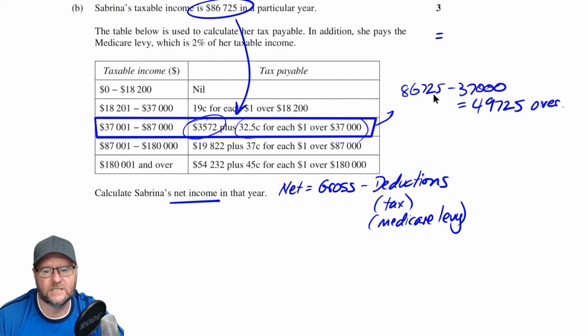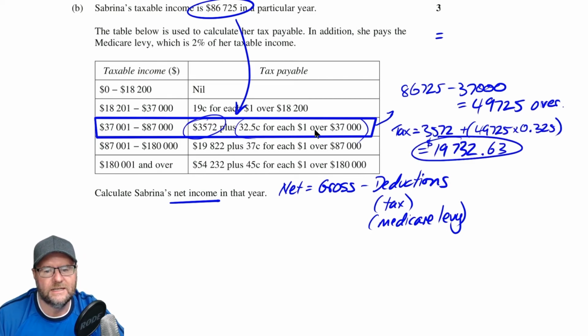So I took her taxable income, took away this number here, and 49,725 is the amount that she pays 32.5 cents on every one of those. So her tax payable will be the lump sum amount from here, plus the bit that she's over times 0.325, which is just 32.5 cents written as a dollar. It works out that she owes the amount shown in tax.